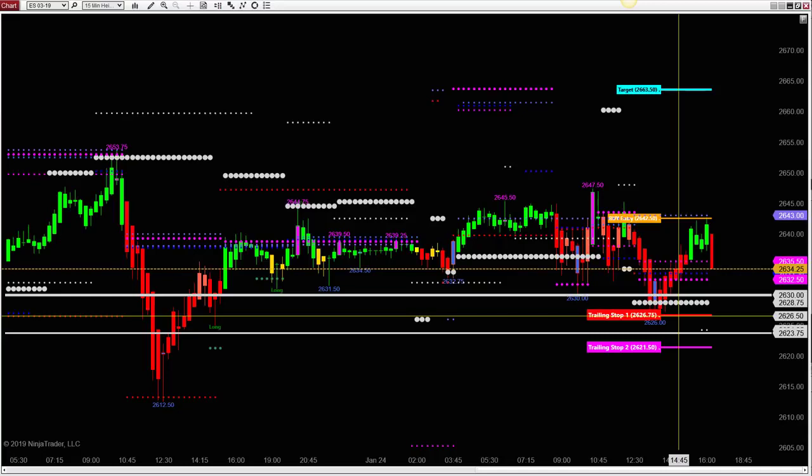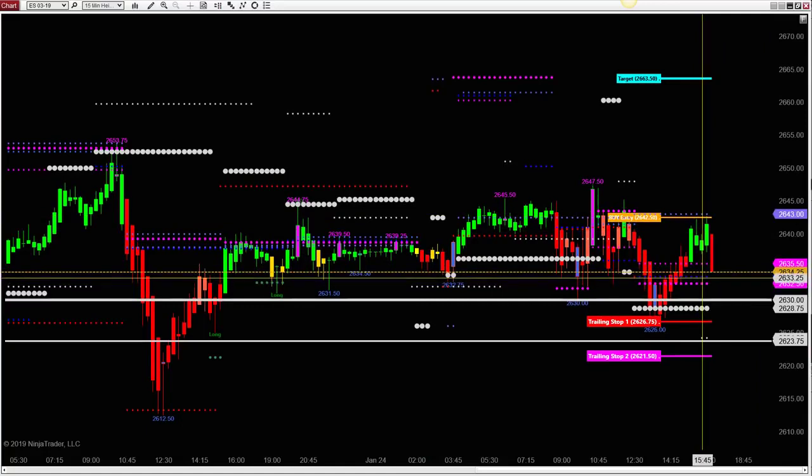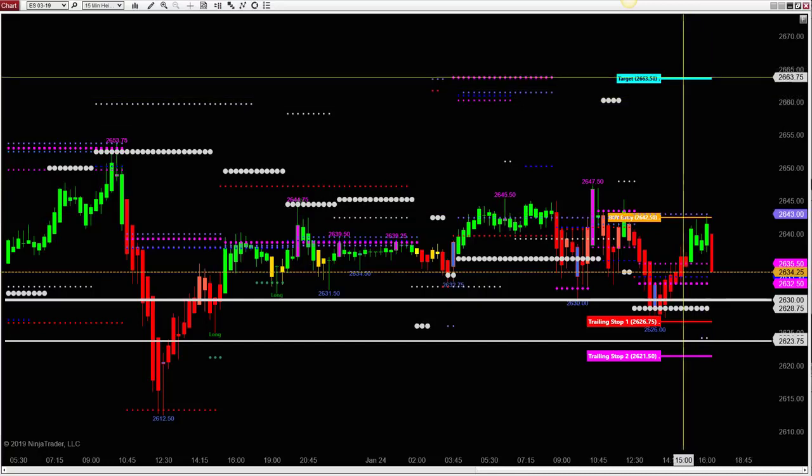I doubt it's going to happen tomorrow. I think it's going to stay between those two, 33.25, 32.25, around this area here, and probably we will be breaking out tomorrow through the 43, and the target for tomorrow, Friday, is the 63 level. It is 2663.50.